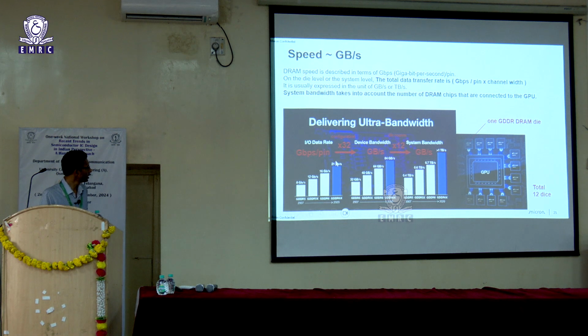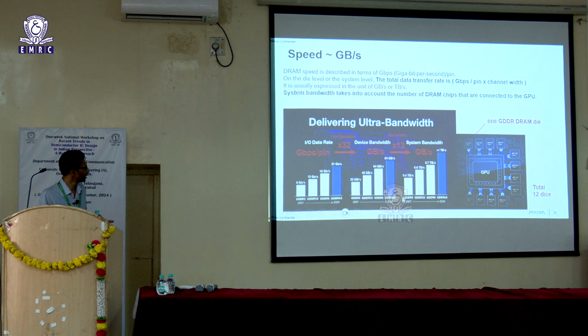And then this is at the pin level, and then comes the configuration. Earlier I showed that we have by 4, by 8, by 16. Those are for compute and LP. For graphics, we have much higher I/O, like 32. Once you multiply with 32, you get a device level bandwidth. When I say device level bandwidth, it's at this chip level. This is the kind of bandwidth that you can expect out of each memory chip.